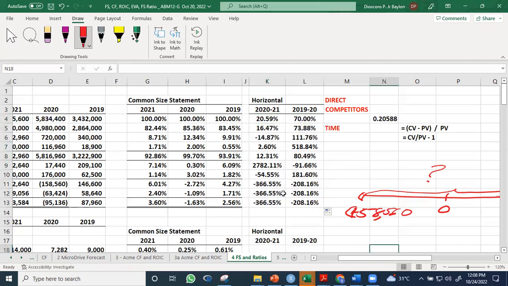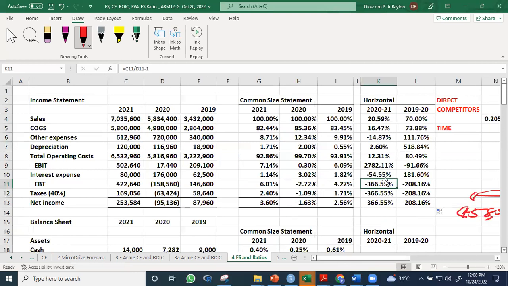So, negative 366.55, ibig sabihin ba nun, nag-lose tayo? Yung EBT natin, bumaba ng 366%, or 3.66 times ang binaba, which is wrong, di ba? Tumaas nga siya eh, kasi from negative naging positive.